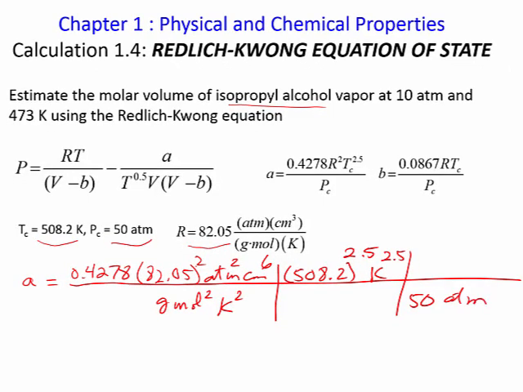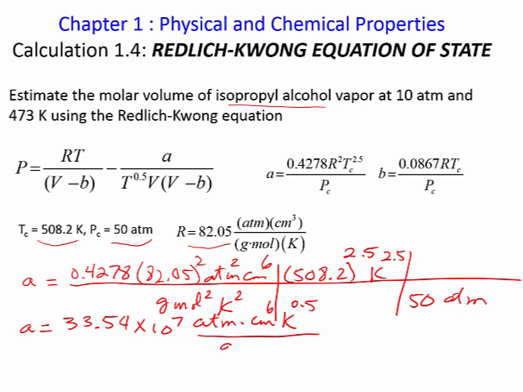As we see, A would be calculated as 33.54 times 10 to the power 7 atmosphere centimeter 6 Kelvin 0.5 divided by gram mole squared. This is after simplifying for the units.